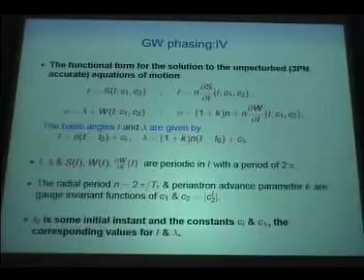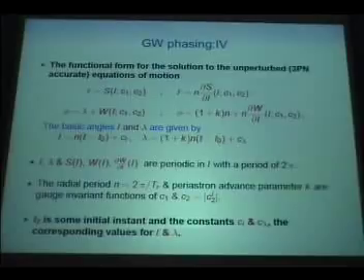If you're familiar with Keplerian kind of parameterization, you can immediately identify that l is nothing other than the mean anomaly of the orbit. And if you are familiar with the timing of binary pulsars, you will see that this is precisely the improvement Thibault Damour introduced into his prescription.